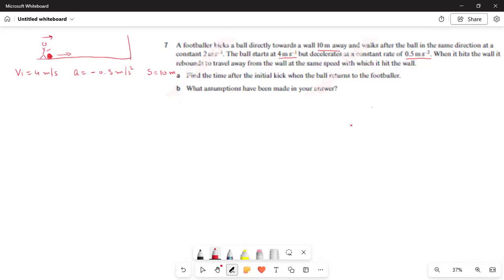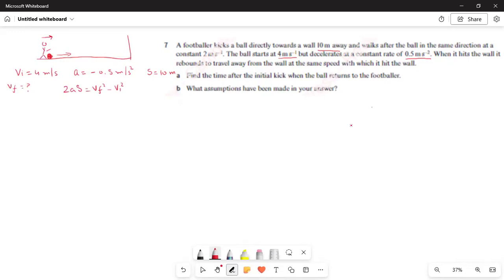Okay, so we do not have much information. So first of all, I would like to know what's the final speed over here. So VF, I would like to find out. Once I know VF, then I would be able to find the time as well. So in order to find VF, I will use the third equation, which is 2AS equals VF squared minus VI squared.